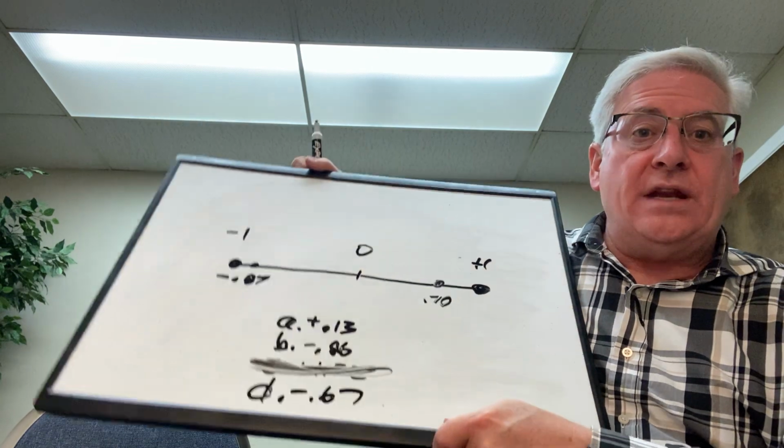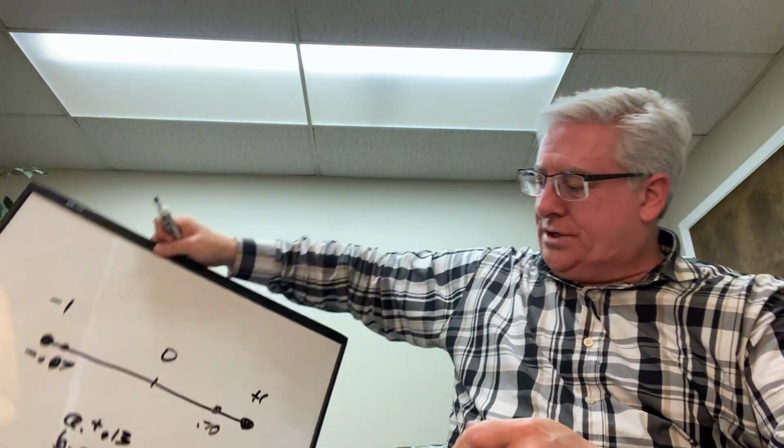Now, what do positive and negative mean? Well, this is real simple. And I don't want you to complicate this in your head. It's a very simple concept. A positive correlation means that the variables increase or decrease together. Now, what's that mean? Well, let's take a look at height and shoe size.